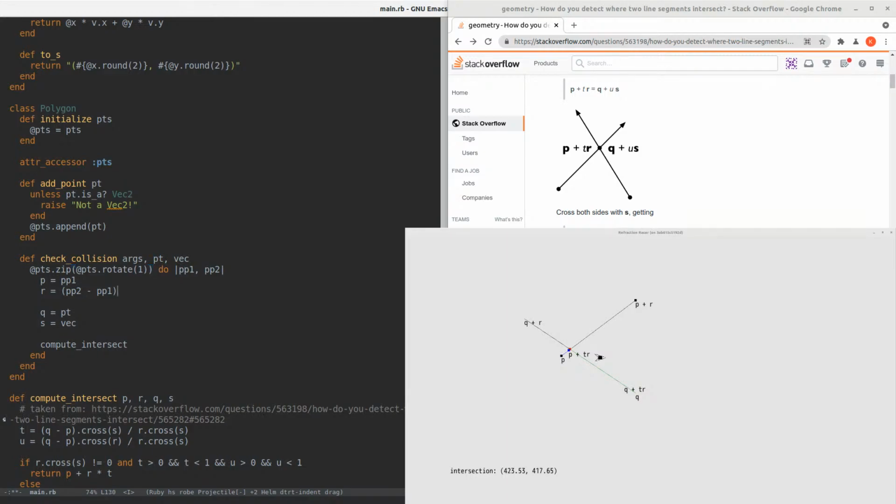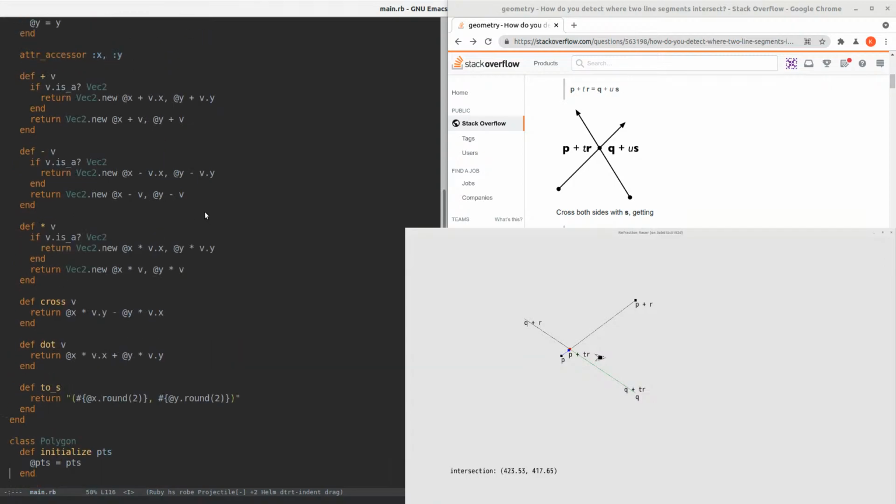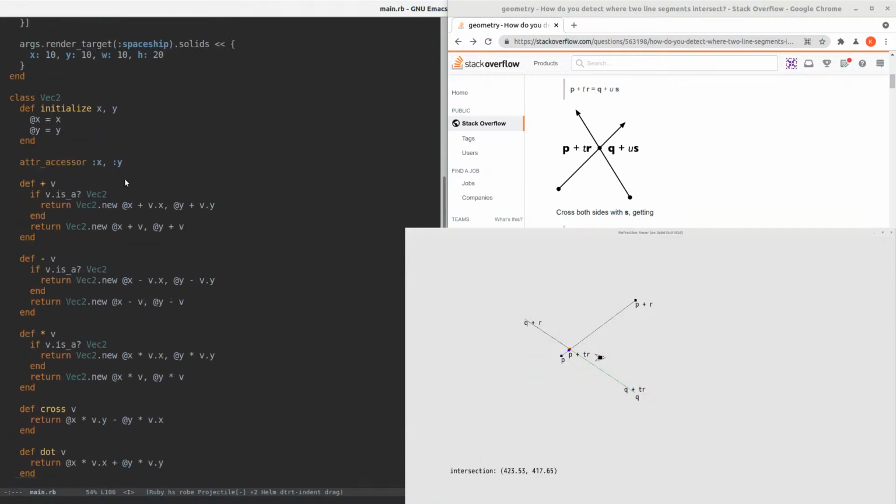I think we can leave it at that, which is obviously not the most performant thing in the world, but it's a decent way of doing it, I think. If this is true we want to return. I think I can just do return if that, and otherwise we just go on. So let's actually see if we can do that.